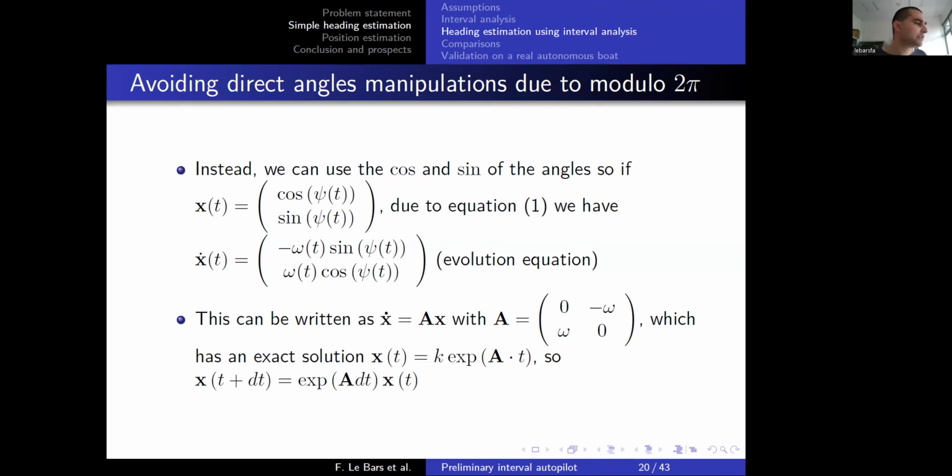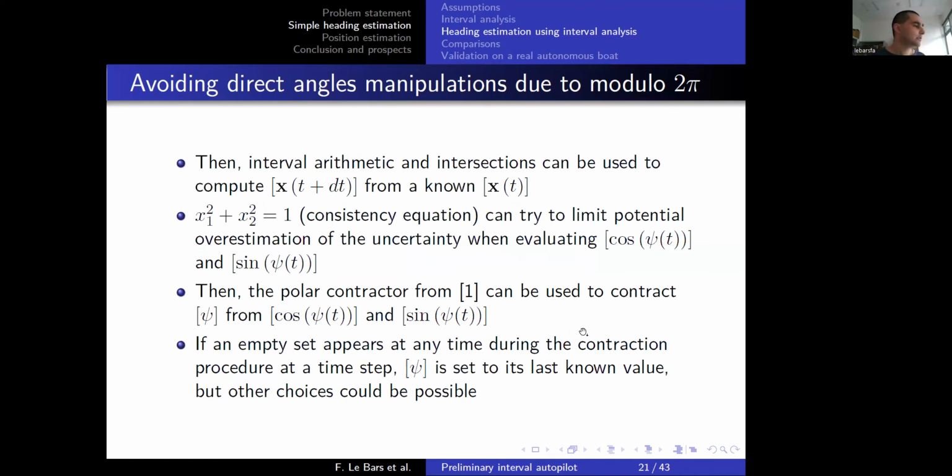But in this specific case, we can have an exact solution, so that if we have some value of the heading at a specific time, we will be able to compute an estimate of the value at the next time step, taking into account the gyrometer values.